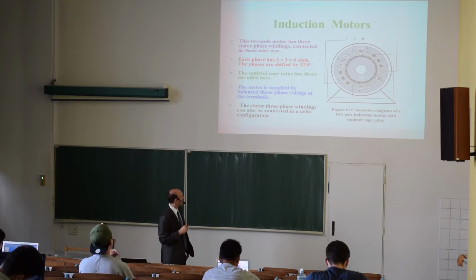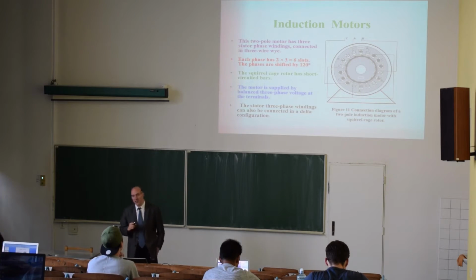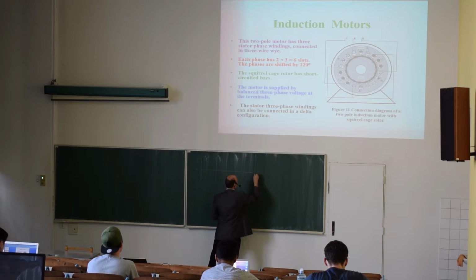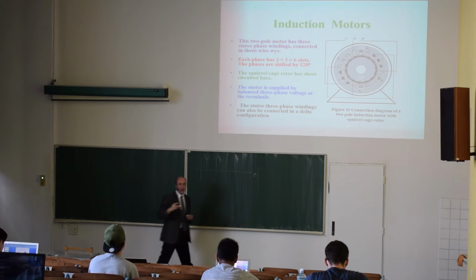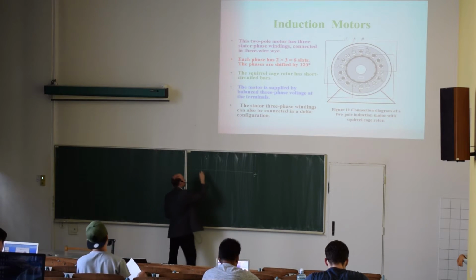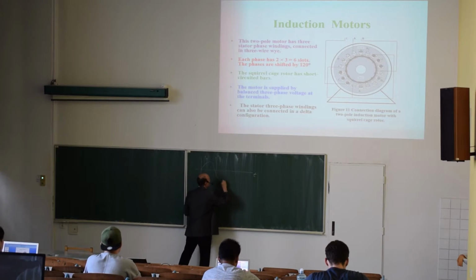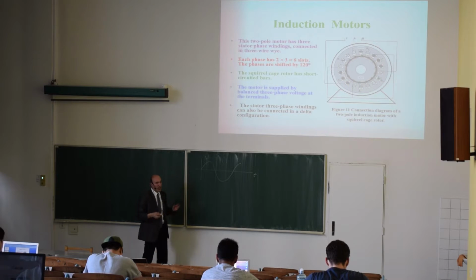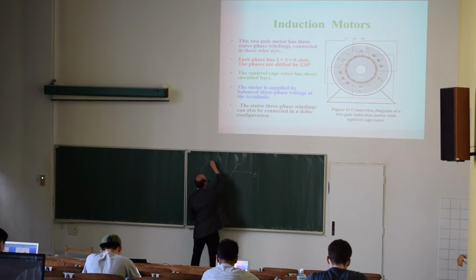The winding is powered with AC voltage. So here at the stator winding, we will see 3 sinusoidal voltages. So this is the voltage, let's say in phase 1, VA.